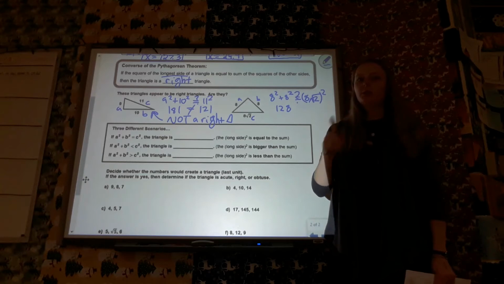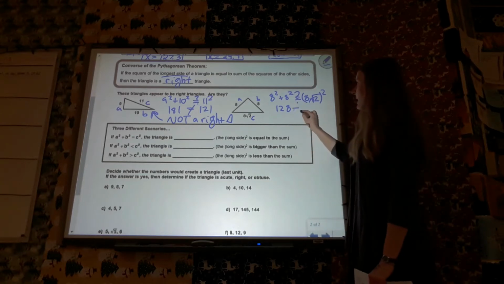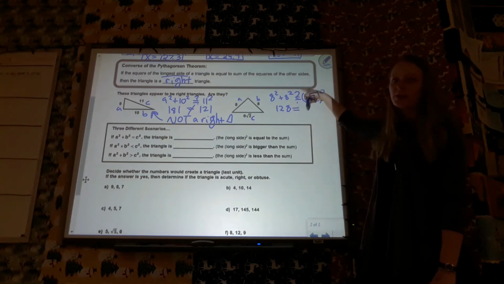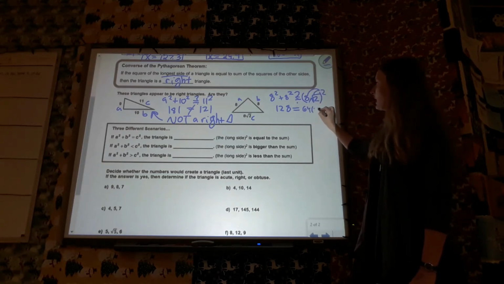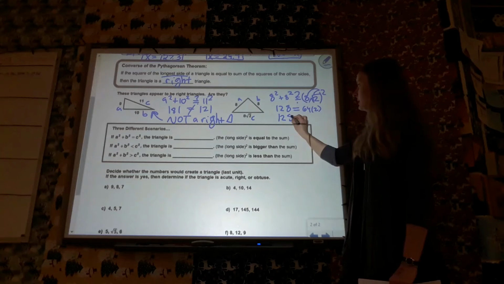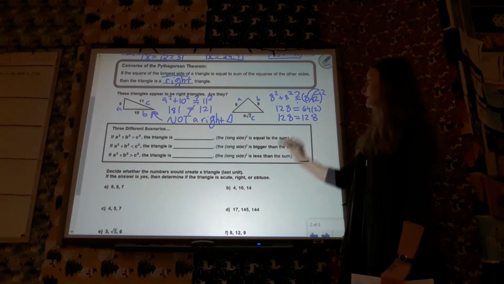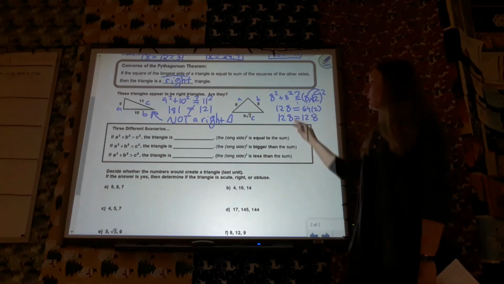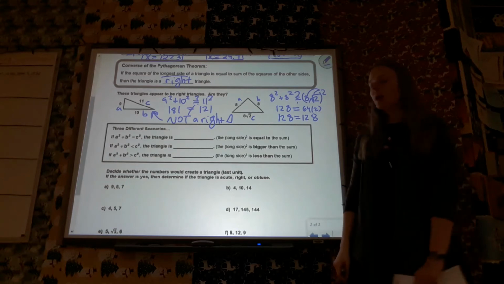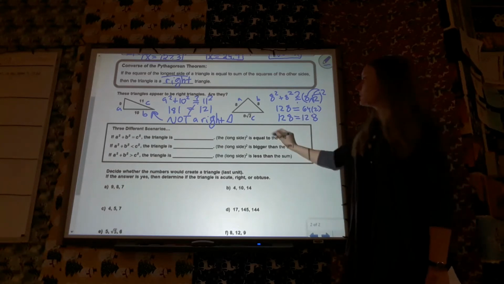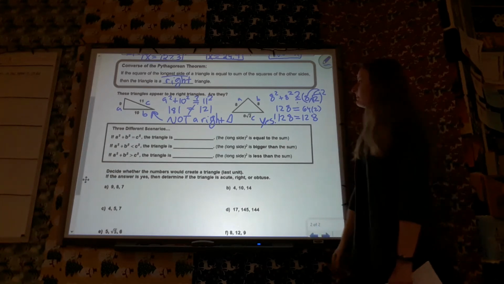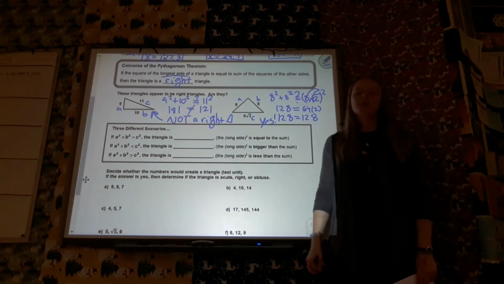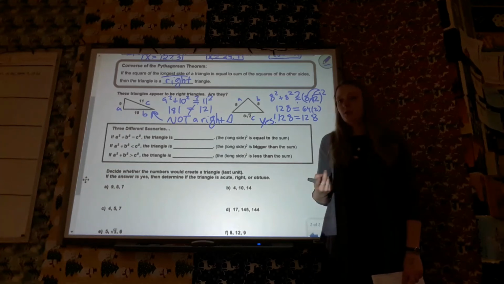If you do 64 plus 64, you get 128. And then I want to know if that's equal to what this is. If I distribute the square, I would have 64 times 2, which is also 128. So in this scenario, they were equal. The Pythagorean theorem did work. If both of these values are equal to each other, then you would say yes, it is a right triangle. That's how you can use the converse of the Pythagorean theorem to determine if something's a right triangle or not.